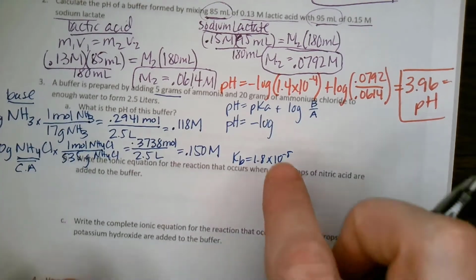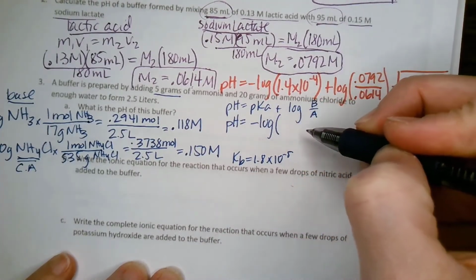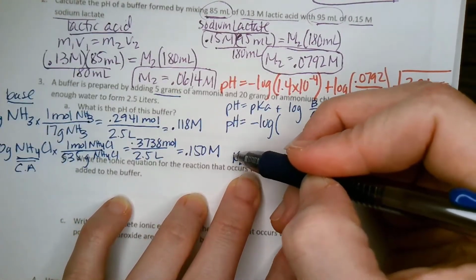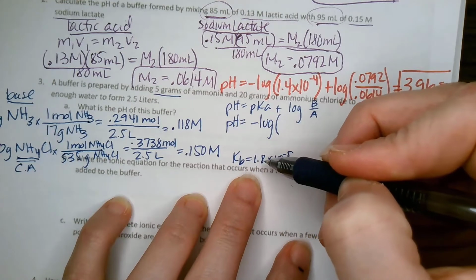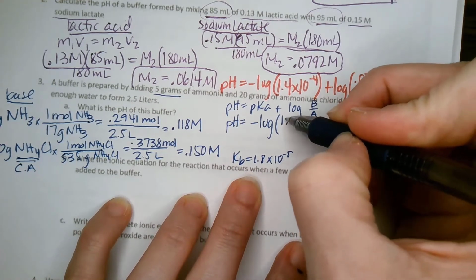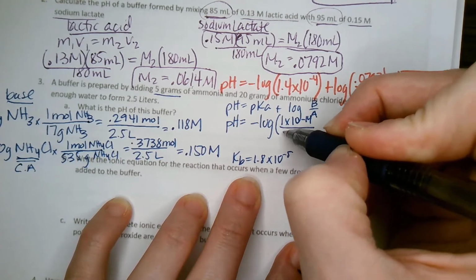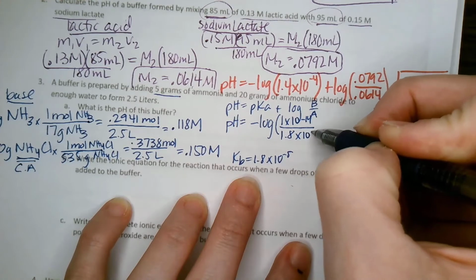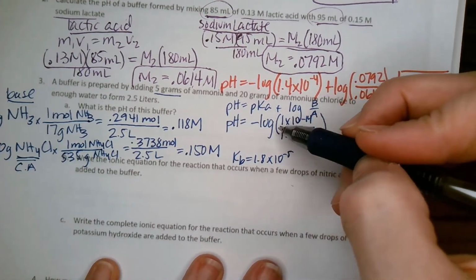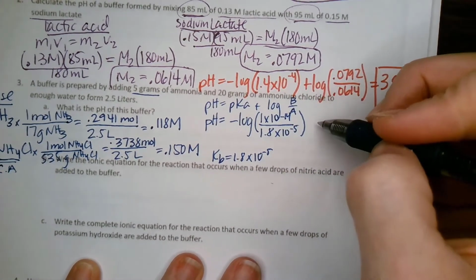I need the Ka. So let's let our calculator do the work. We can find the Ka by doing the constant, the Kw for water, which is 1 times 10 to the negative 14th, divided by Kb will give me my Ka. So if I do this divided by that, I get Ka.